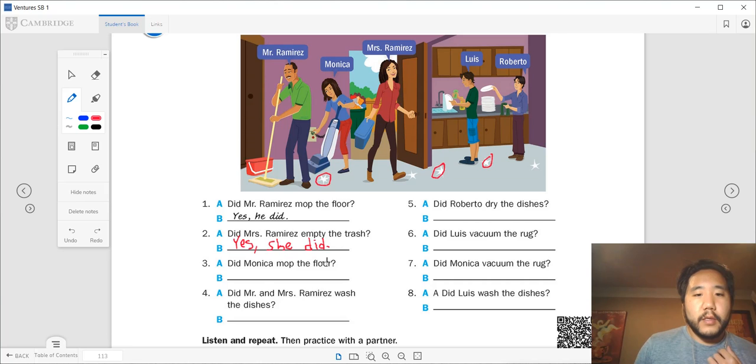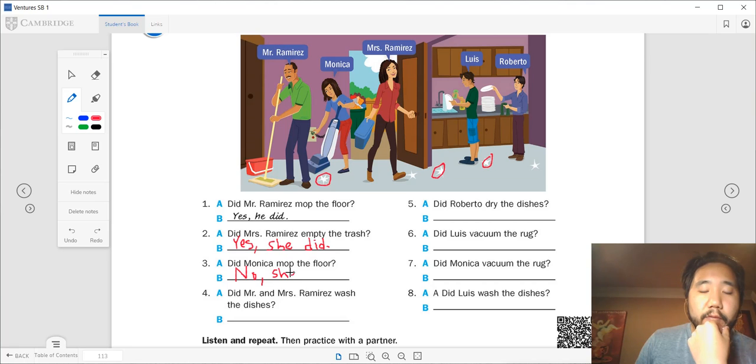Number 3, did Monica mop the floor? Monica, this is Monica, is holding a vacuum cleaner. And remember, we said it was Mr. Ramirez who mopped the floor. So, no. She didn't.